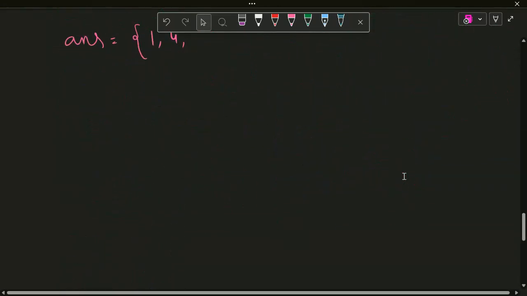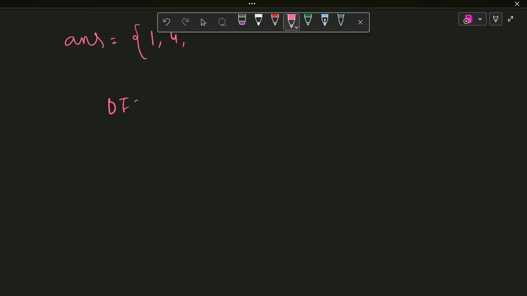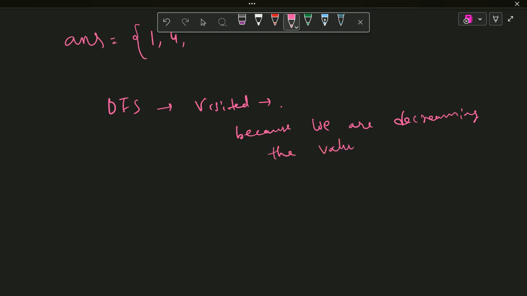Here in DFS we use a visited array. Here we don't need a visited array because we are decrementing the value. Once we visit, we decrement the value.